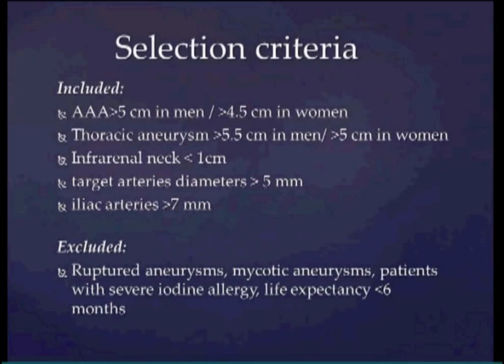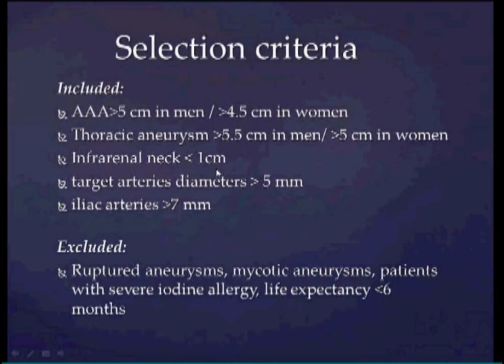The selection criteria was as follows. So AAAs of greater than 5 centimeters in men or greater than 4.5 centimeters in women, the thoracic aneurysm of 5.5 or 5, the infrarenal neck of less than 1 centimeter, as I showed in that schematic diagram, and then the target arteries greater than 5 millimeters.